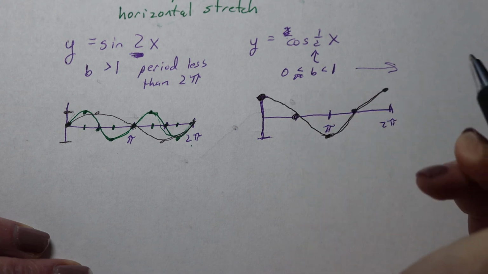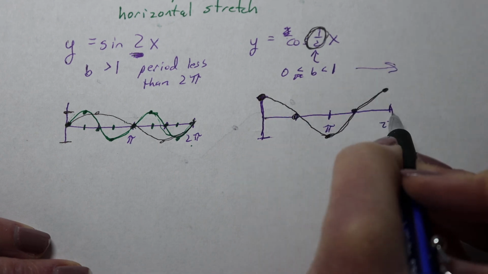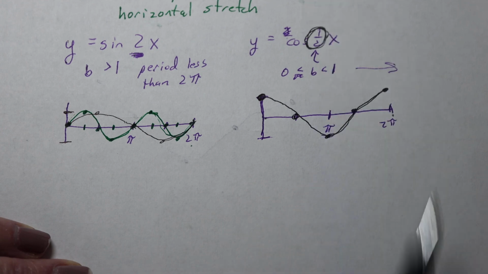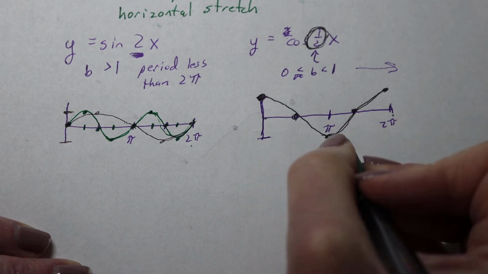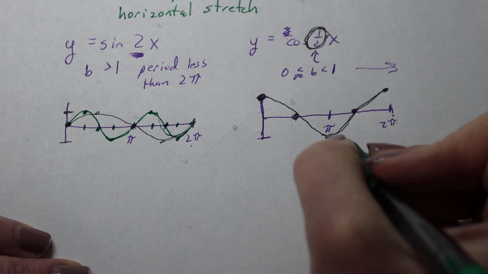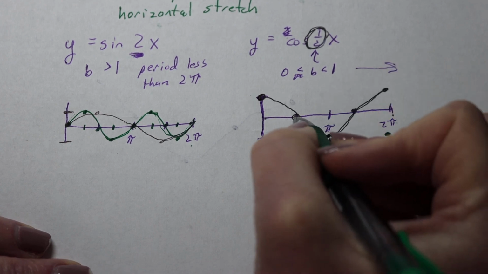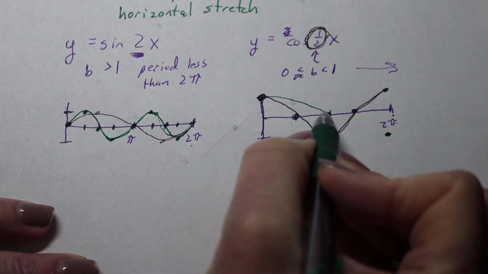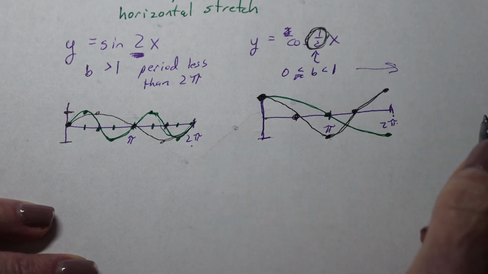There's 1 cycle. But this says from here to here, I only want that much. So I need to stretch this out. If only this much has to go from here to here, this is going to come over to here, and this is going to move to here. And now I stretch that, and that takes care of that half.